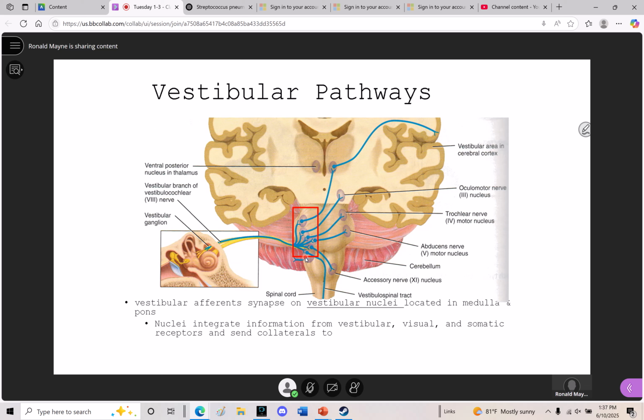This is for the static or passive. These fibers will end up descending. There's one bundle in particular called the vestibulospinal tract. It originates from the lateral vestibular nucleus, and it's also known as the lateral vestibulospinal tract because it starts at the lateral vestibular nucleus.